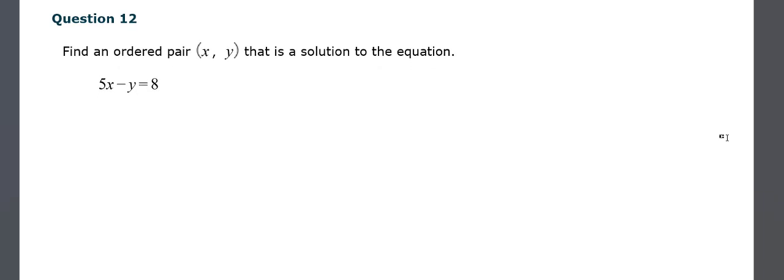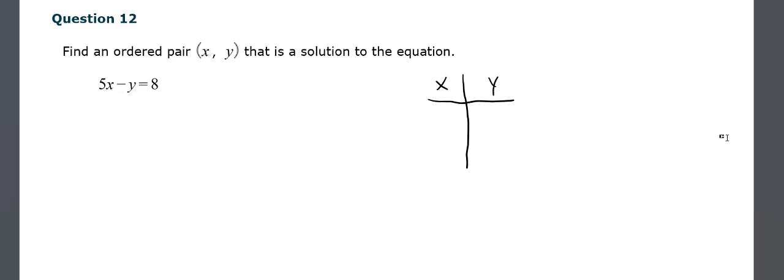Our next problem, it says find an ordered pair that is a solution to the equation. So what we can do is choose a value for either x or y, similar to what we did before in making that table, where it gave us a value of x and we found the value of y.